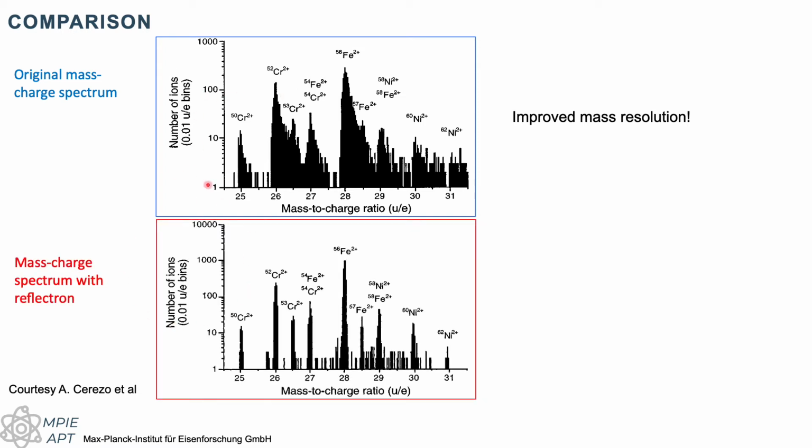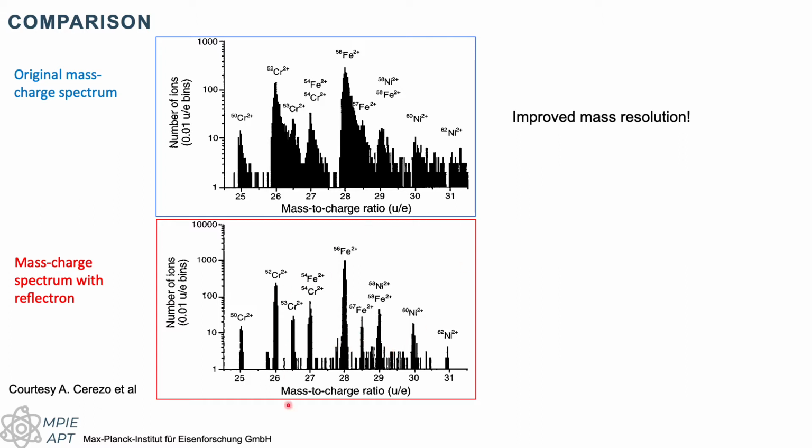And if I take more or less the same specimen, the same material, but through the reflectron, I can see that these long tails that I was seeing in this spectrum have been pushed back into the main peak. And so now I can see peaks that are well separated. And that improves the mass resolution, the chemical sensitivity and the accuracy of our compositional measurements.